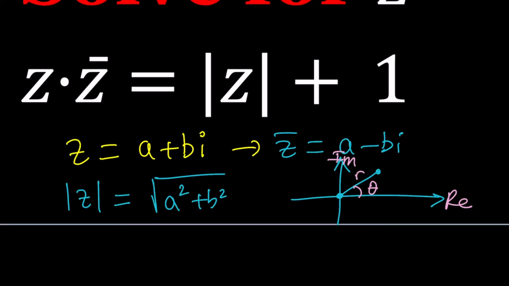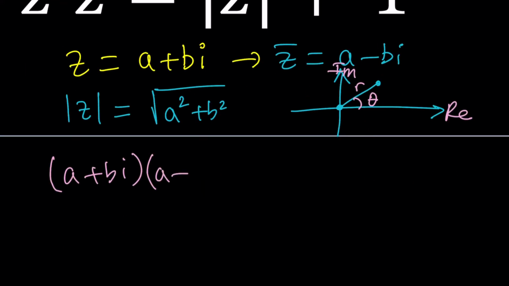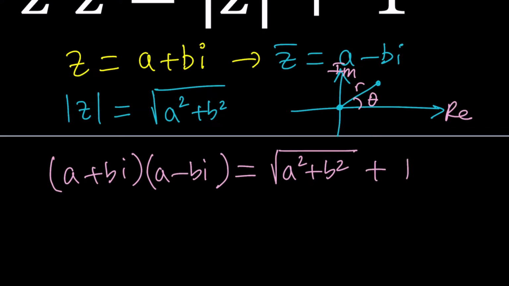Okay, so how do we proceed? Let's substitute everything. Z is a plus bi, and then z bar is a minus bi, and then the absolute value of z is just the square root of a squared plus b squared, and then plus 1. Now the rule is when you multiply a complex number by its conjugate, you always get a real number. Remember that?